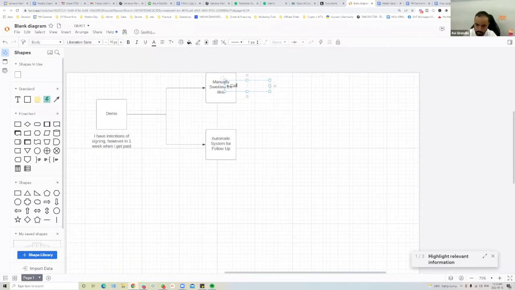So calling, emailing, SMS, that's pretty much it. And these are all manual, right? So that's manual, and then this is going to be automatic.